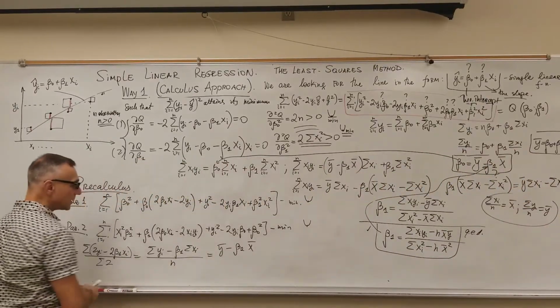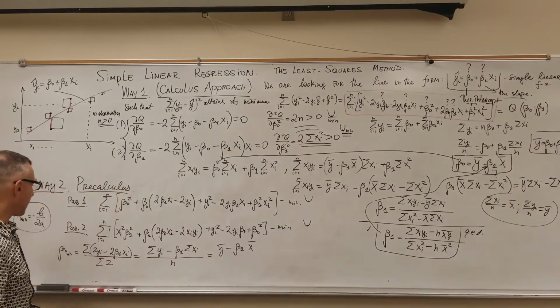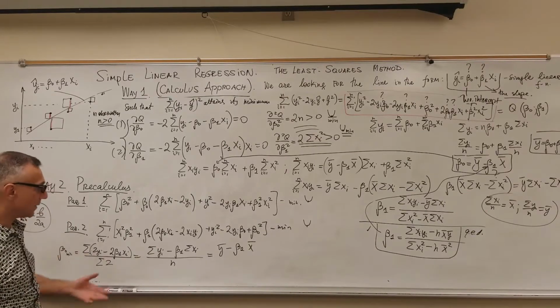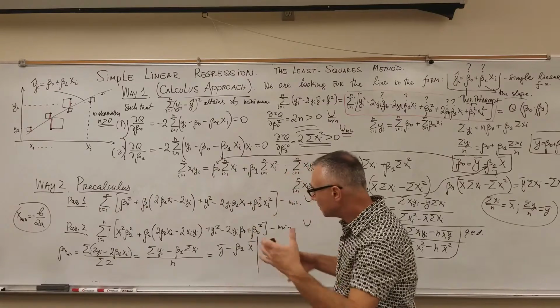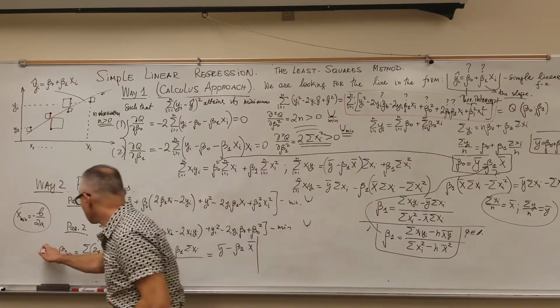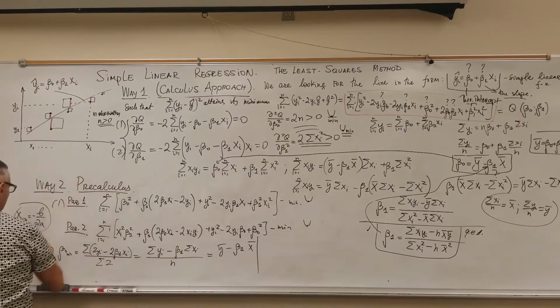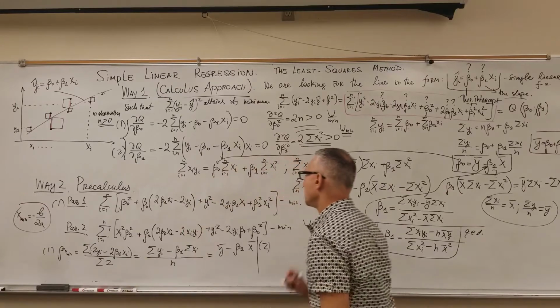That's for beta 0. So now I need to find beta 1 using the same approach, just carefully. It's easy to overlook something. A lot of terms here. So it's first and second. First equation, this will be my second equation. Careful.